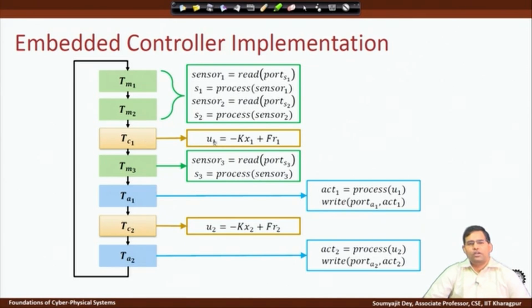This control task will execute the corresponding control algorithm, then there is the sensing task for the third sensor, then some actuation work, that is sending some values to some specific port, and before that doing some processing. And then you have this control task and the other actuation task, etc.